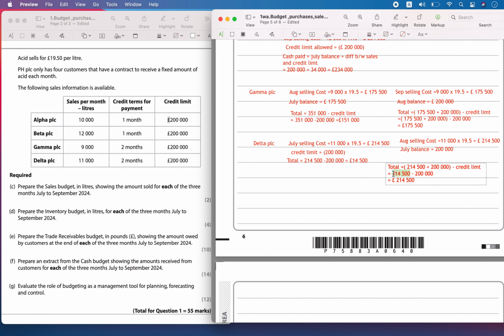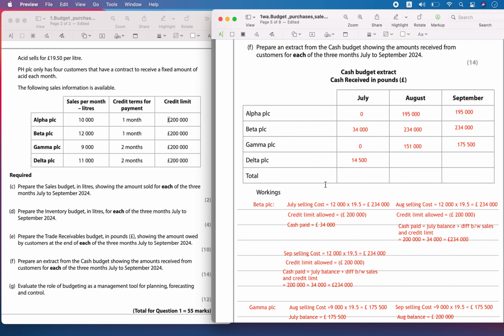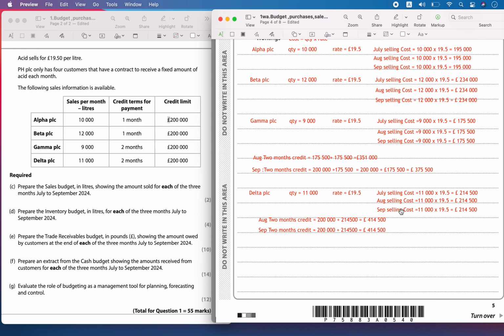Beyond that, it has exceeded to 414,500, so they will have to settle it by cash.